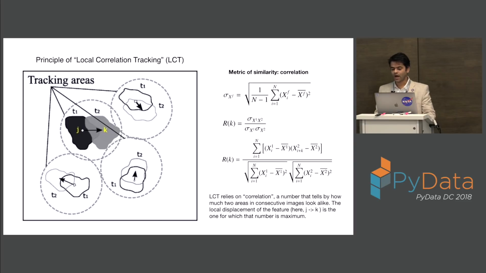Local correlation tracking consists in calculating a number, the local correlation, describing how much two areas in consecutive images look alike. And so the local displacement of the feature, for example here to go from J to K, would be the one for which that metric is maximum. And again, that metric is called the correlation.